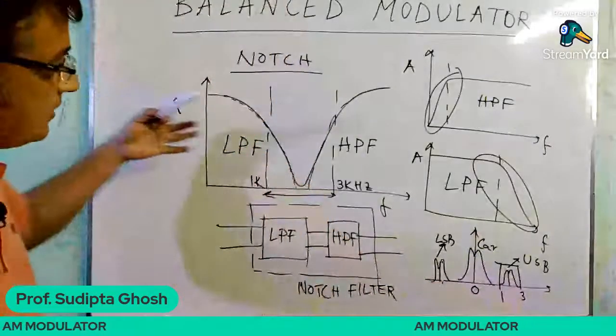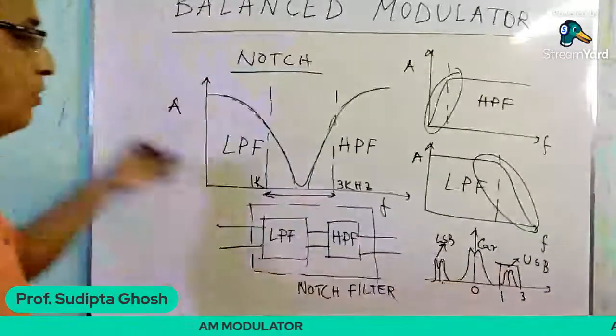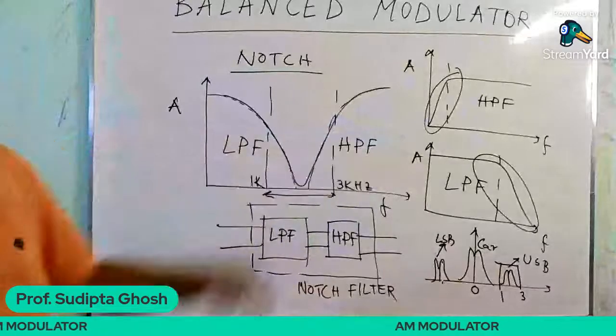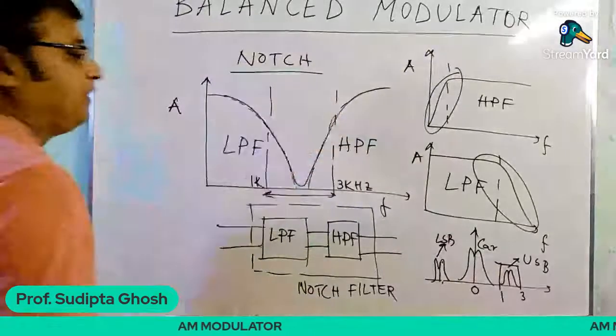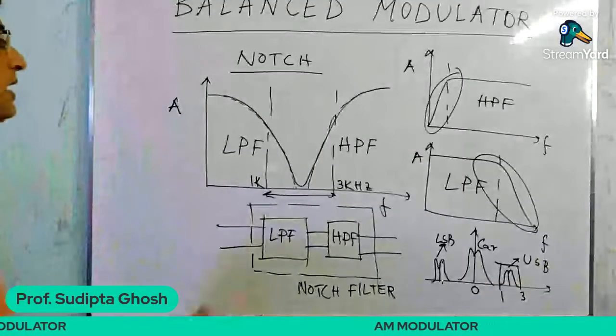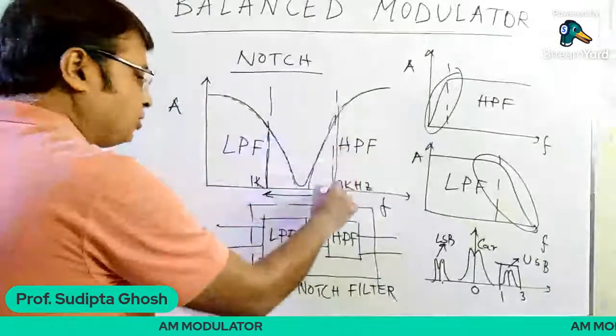So when you pass this particular waveform through this filter circuit, what you will find is that this filter actually rejects 1 kilohertz up to 3 kilohertz.